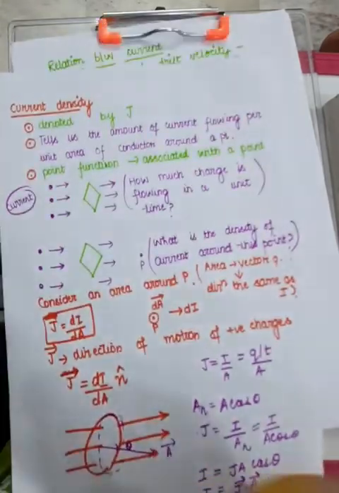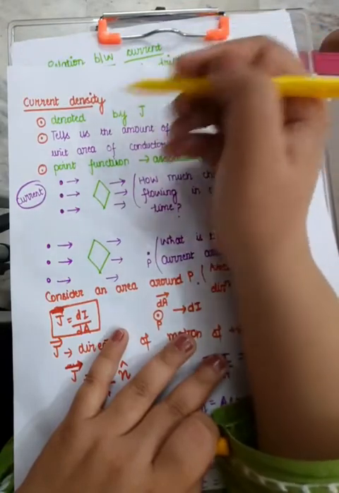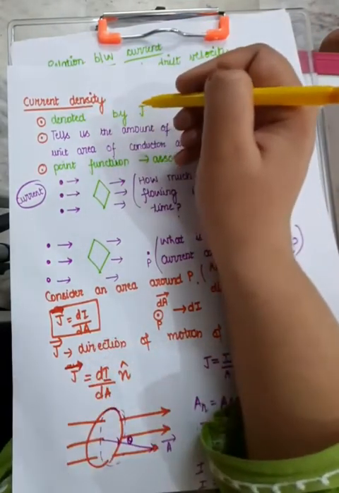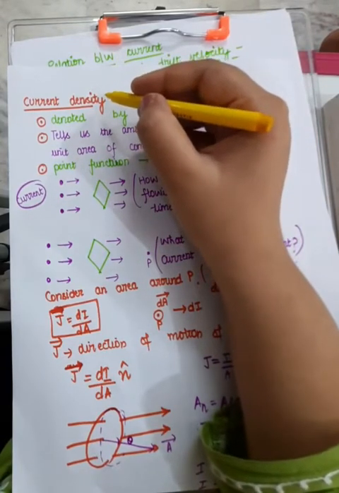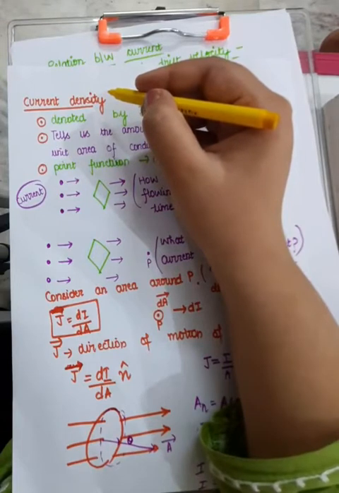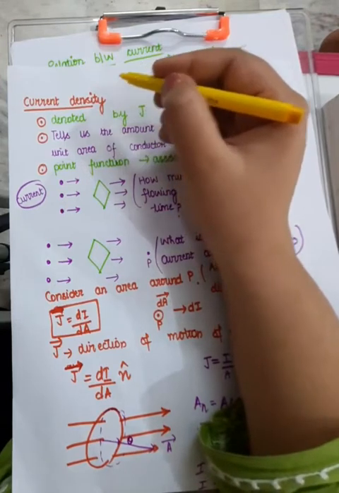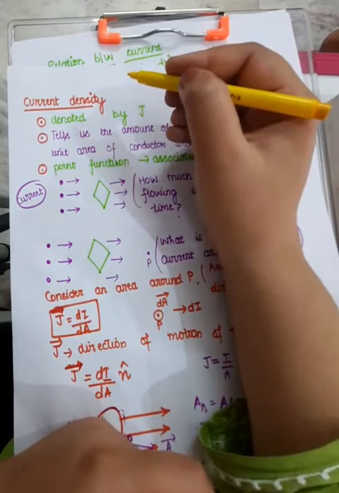So here I would like to remove your misconceptions about the concept of current density. First of all, the name current density suggests that it has something to do with the volume of the conductor, whereas it has nothing to do with the volume of the conductor.